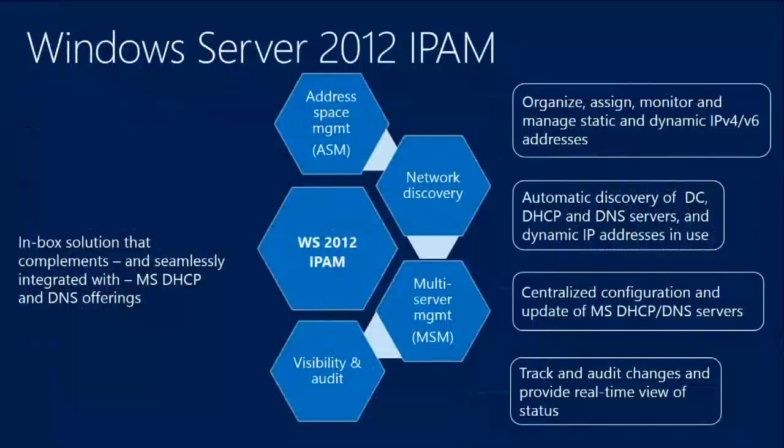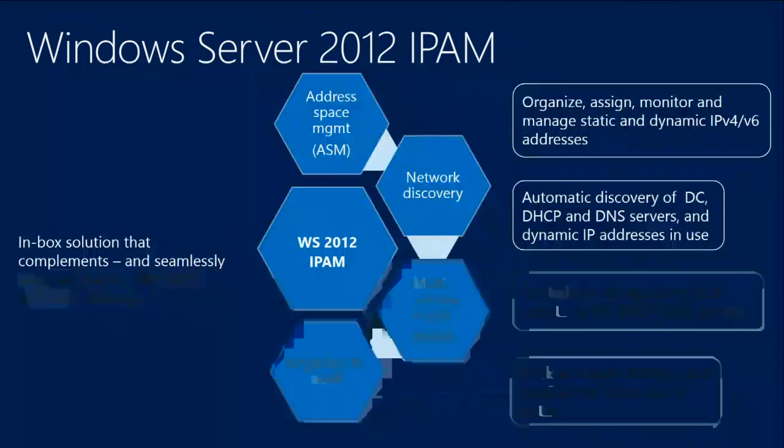So in Windows Server 2012, IPAM was a new feature which was introduced. It's an inbox solution with all the SKUs of Windows Server 2012, and it seamlessly integrates with Microsoft DNS and DHCP servers. Now there are 4 key functional areas to IPAM in Windows Server 2012.